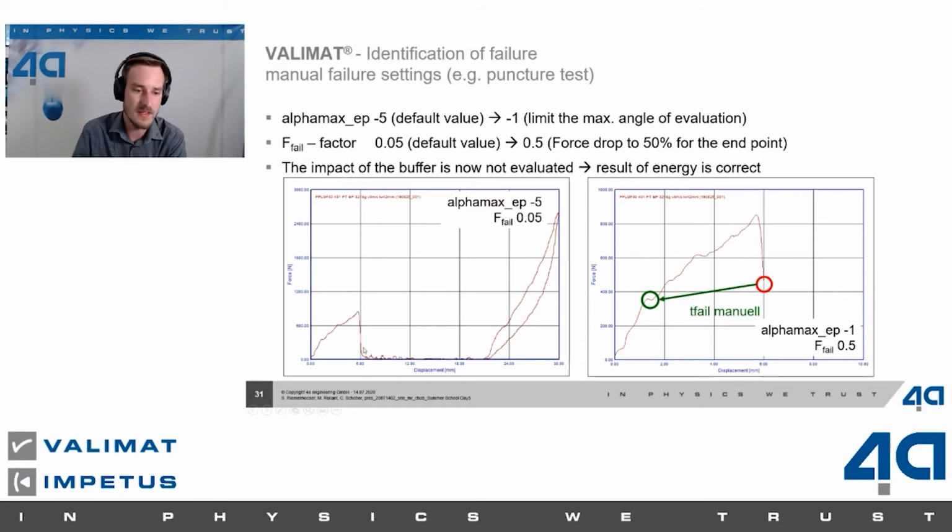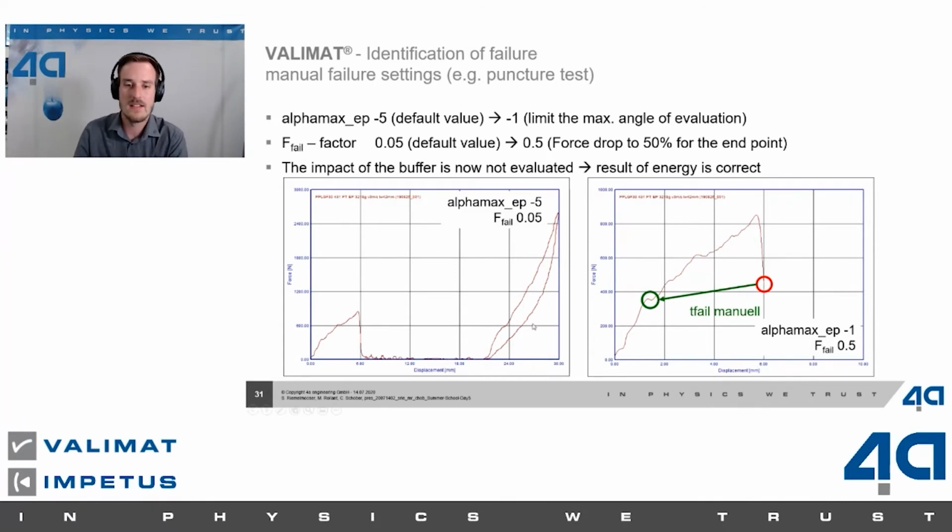The first peak is the interesting peak. Here is the puncture test, and the second peak is just the buffer of the pendulum head, which has to bring the energy into the system, which is not needed at the test. So we buffer the pendulum head on the counterbearing side.